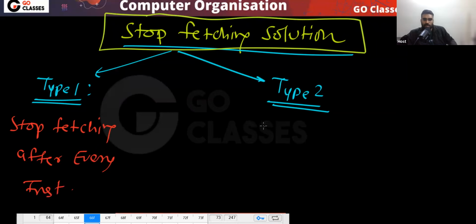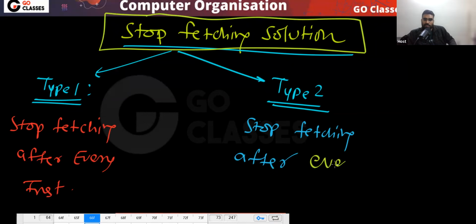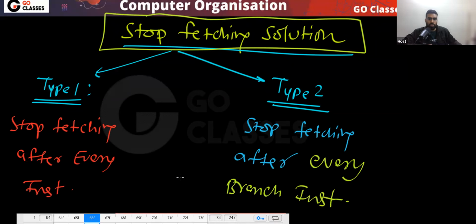What is type two? Type two is stop fetching after every branch instruction. So who will find out if the instruction is a branch or not? The IF stage will have some extra logic.